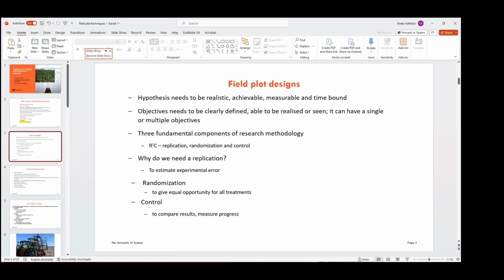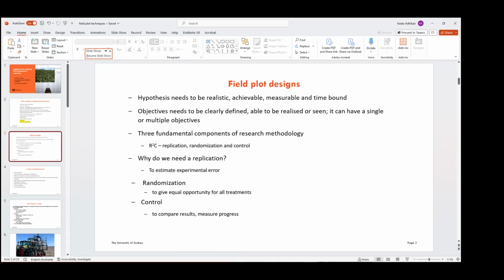That kind of thing needs to be predetermined. And objectives have to be clear and measurable, and can be single or multiple.